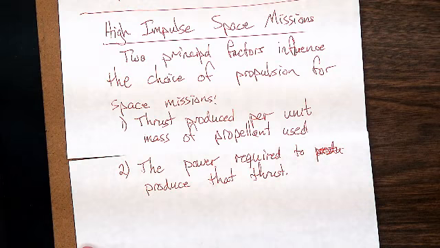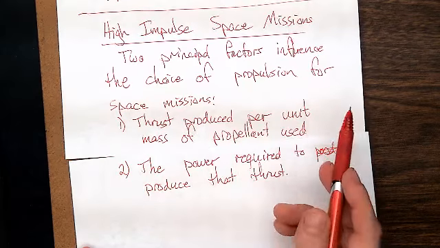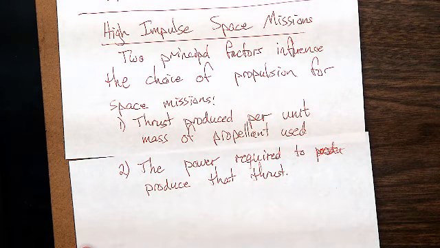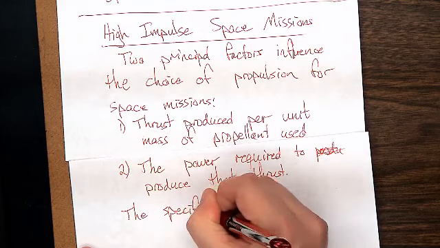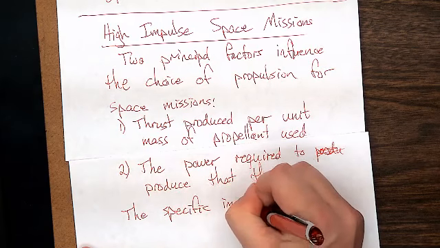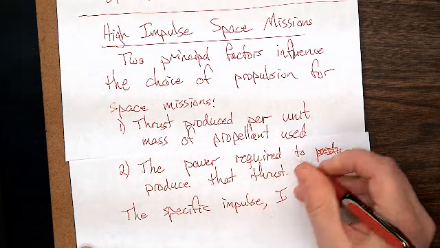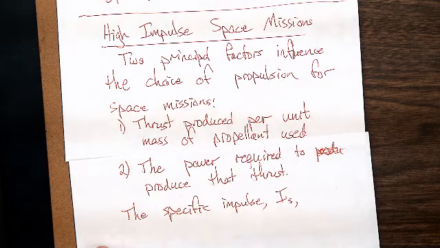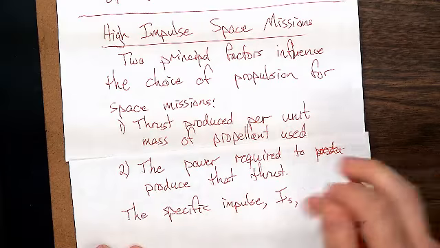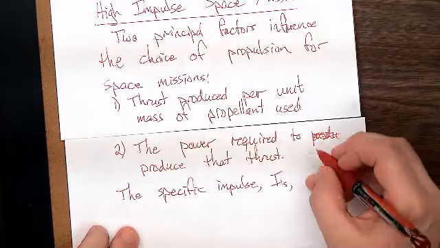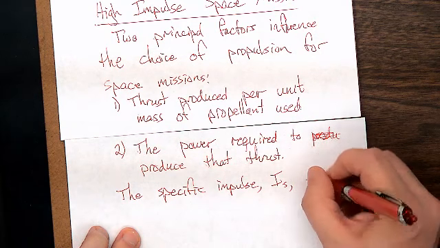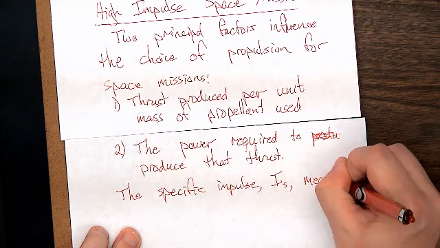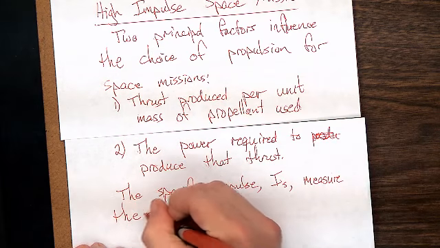We've already talked a little bit about the first one, the ISP, right? Specific impulse. So the specific impulse, Is as it's denoted in our textbook, measures the first of these.